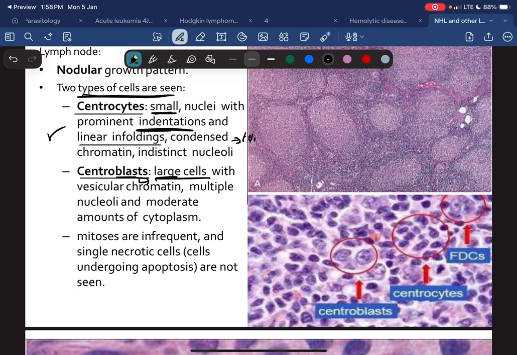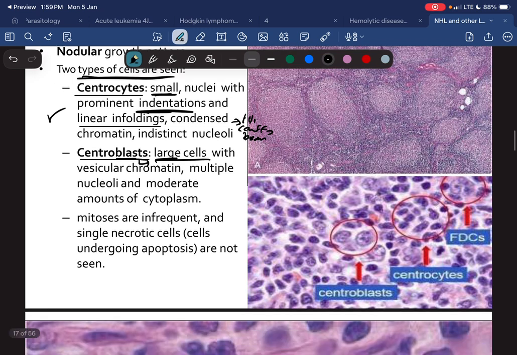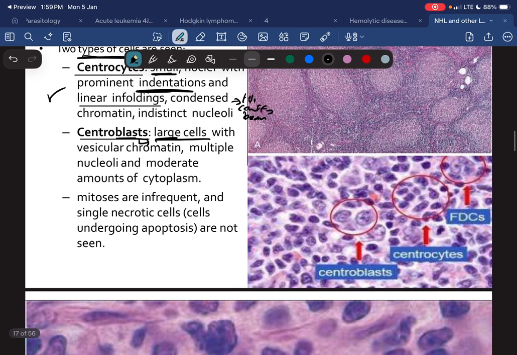The mitosis in follicular lymphoma is infrequent, and necrotic apoptotic cells are not seen. This point also differentiates follicular lymphoma from reactive follicular hyperplasia, where we see more mitosis and apoptotic bodies. تمام?